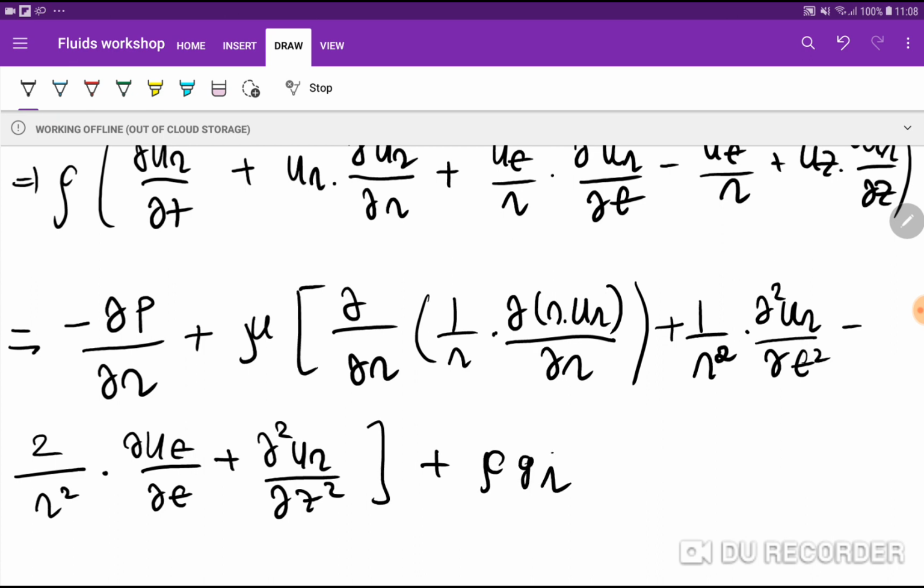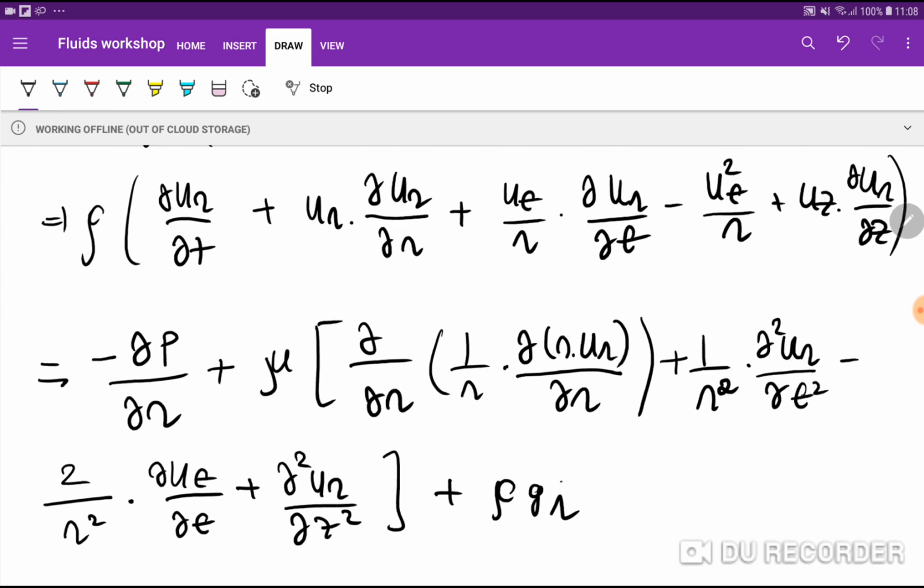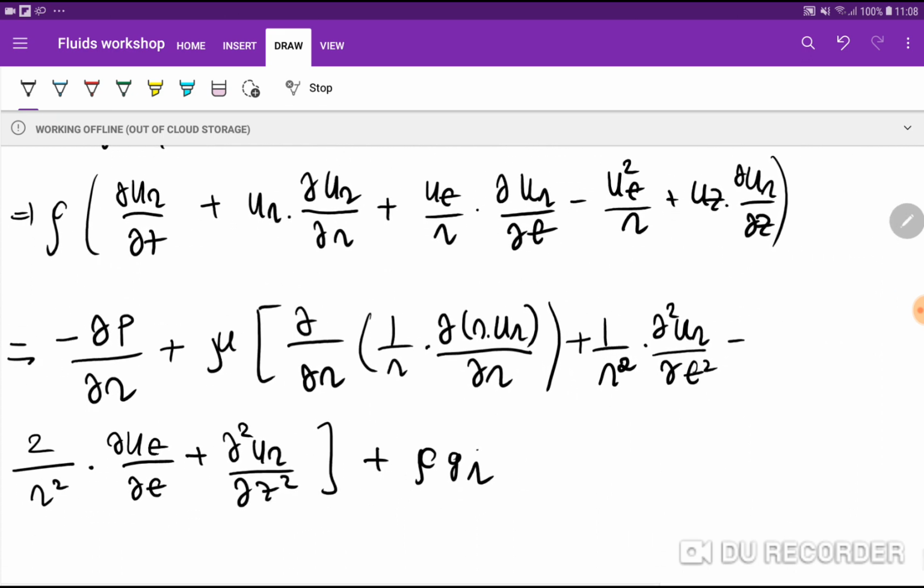So what terms can we cancel out? Now, let me zoom in a little bit for y'all. The first thing you'll notice is that this is a steady state again, so there's no change of u_r over time, so ∂u_r/∂t is 0.